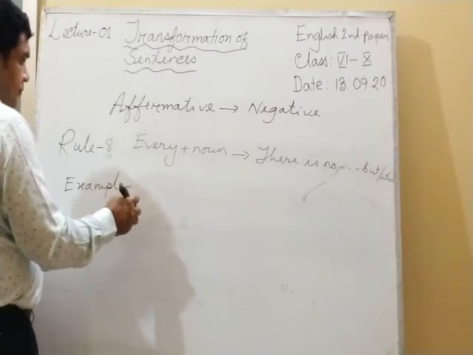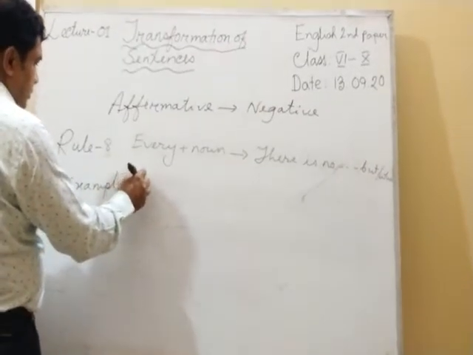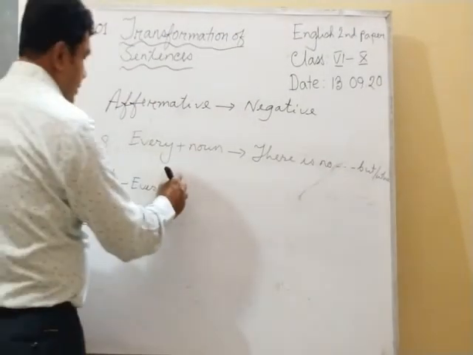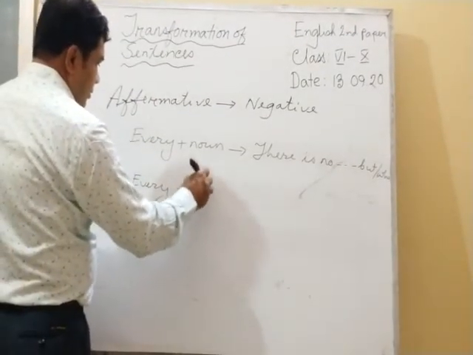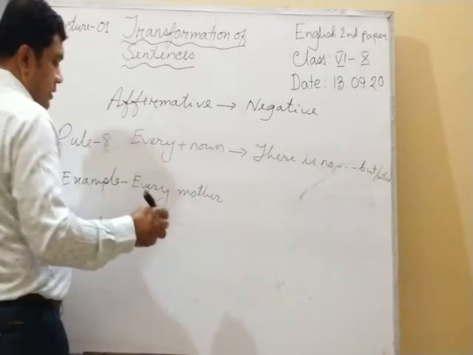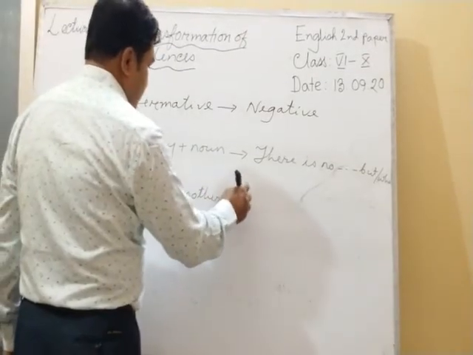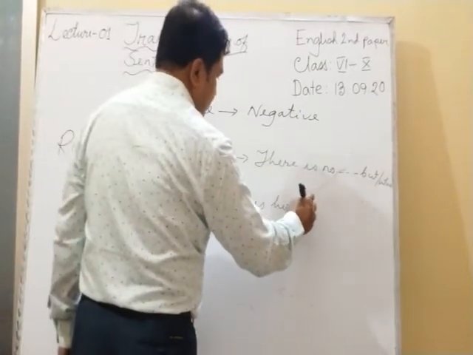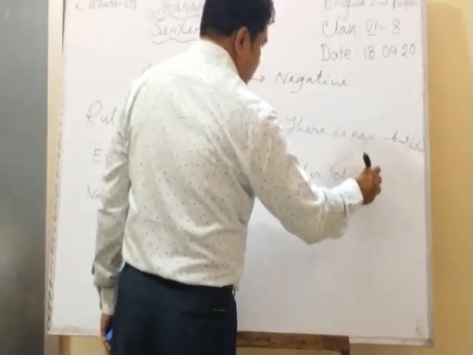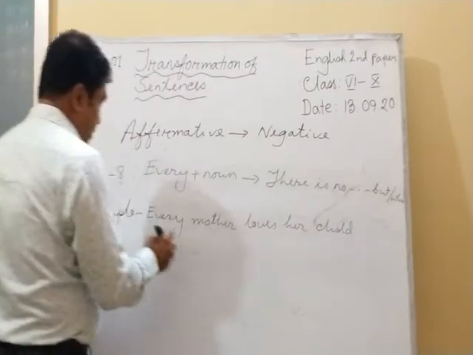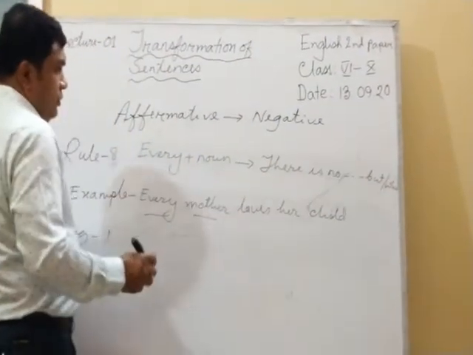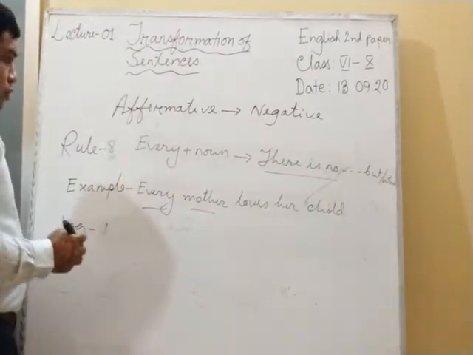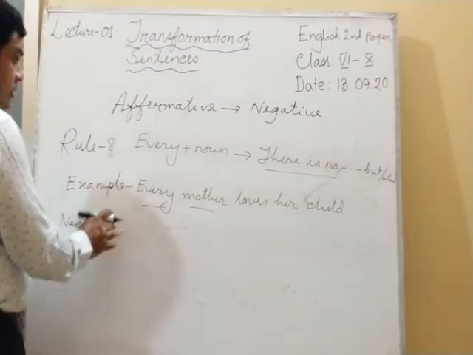Look at the example. Very common example. Every mother loves her child. There is every plus noun. So we will use "there is no" in the negative.